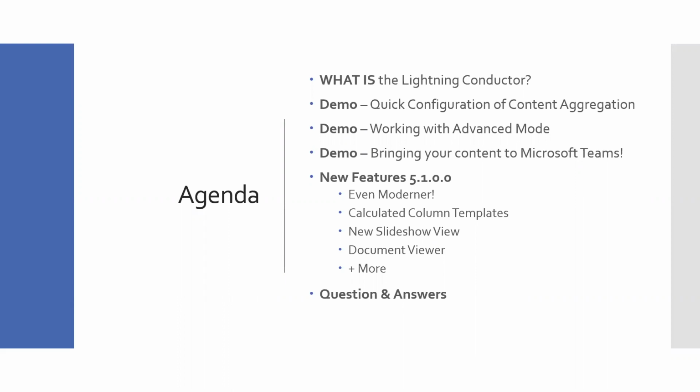Might be a simple concatenation or numerical calculation, but you can also take it much more advanced than that and build some script to build some more complex scenarios, and that would allow you to generate buttons or be able to update items and things like that actually through the view of the content itself. So we've built a few as templates that you can just feel free to use. You can also customize them if you want to, and of course you can still build your own as well. We have a brand new Json view, which is the slideshow view, so excited to show you that one.